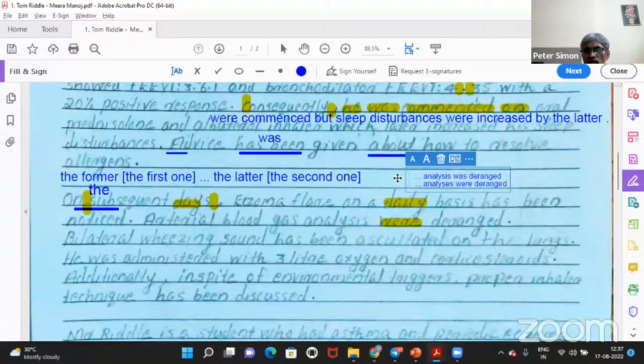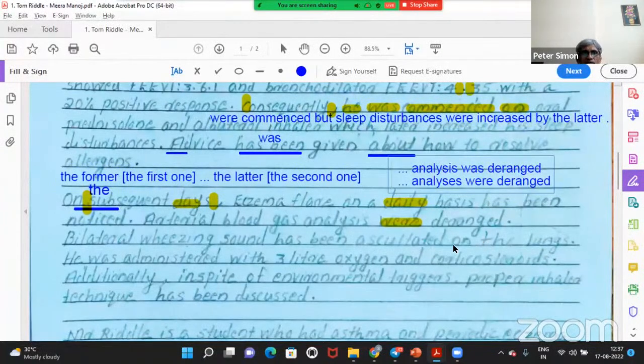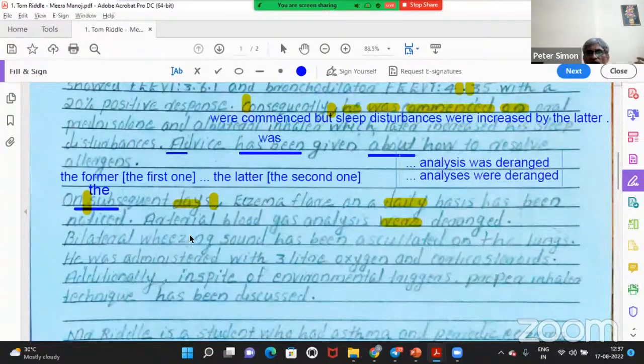You should know the difference between singular and plural. This is the concept. Many people don't have an idea that the plural of analysis is analyses. Many people don't know that. So you made a mistake here. This is a repetition, and this is a singular-plural grammar mistake. So either you write singular was, or plural were. That's it. Singular, plural is the problem you have.